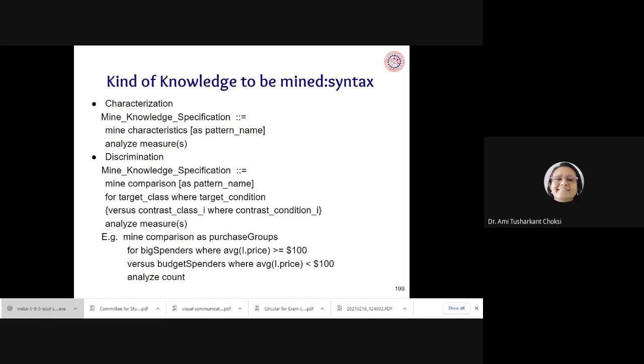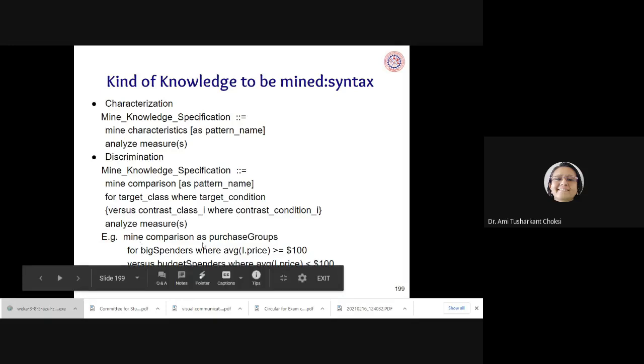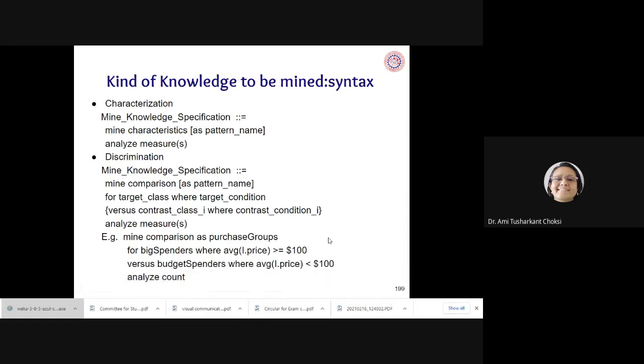See this example, mine comparison as purchase groups. What we want to do there is, people are of different types and we are grouping them according to the purchase category.